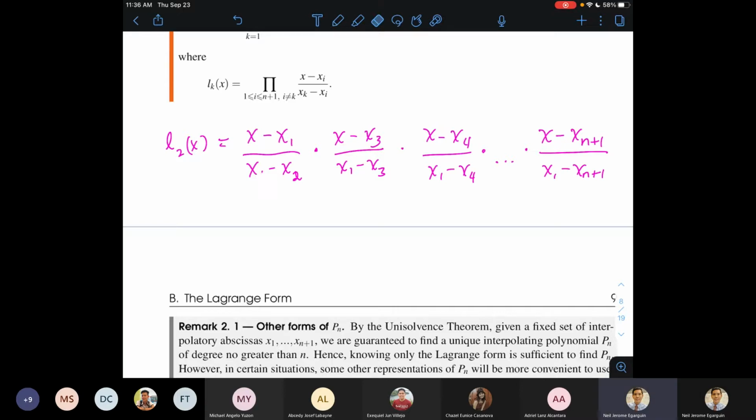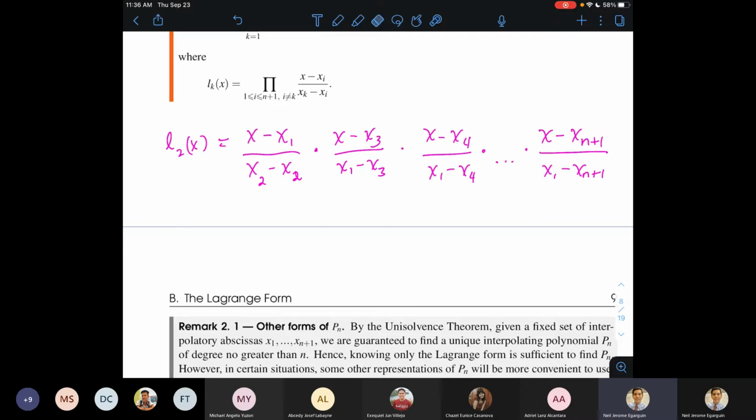Though here, xk is always the minuend in the denominator. So this would be x1. Sorry, it's the other way around. This is x2. Because the minuend is always the same as the subscript of the Lagrange basis polynomial.